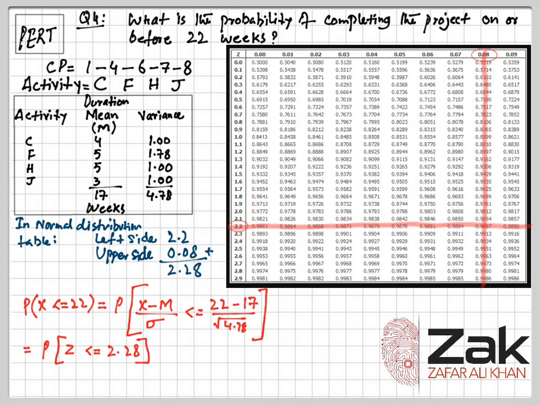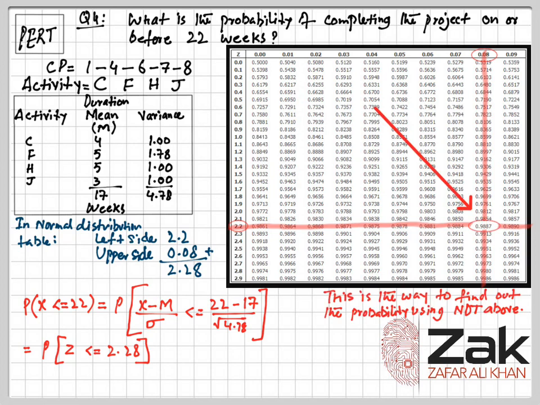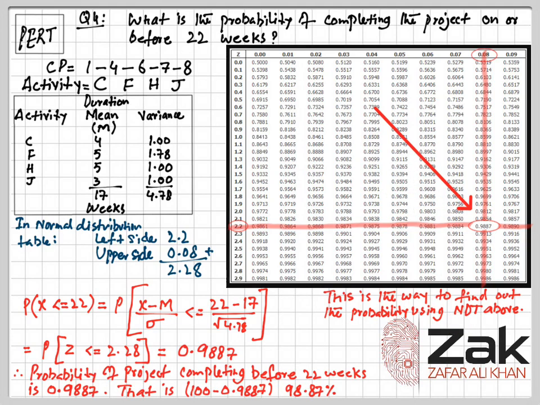At their cross section is our required value, that is 0.9887. This is the way to find the probability using the standard normal distribution table. So the value is 0.9887.